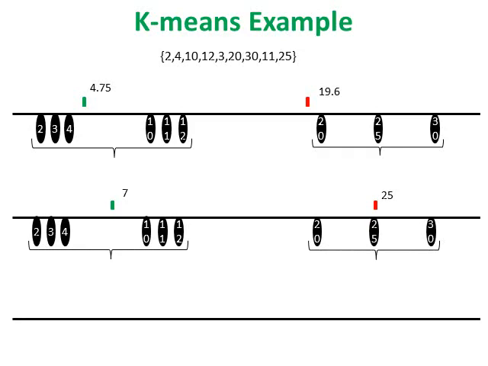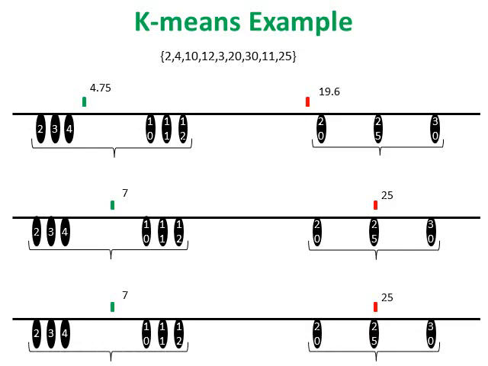Again, you will get 7 and 25 as new means. If you consider current iteration to previous iteration, mean is not changed. So, algorithm will terminate in the current iteration.